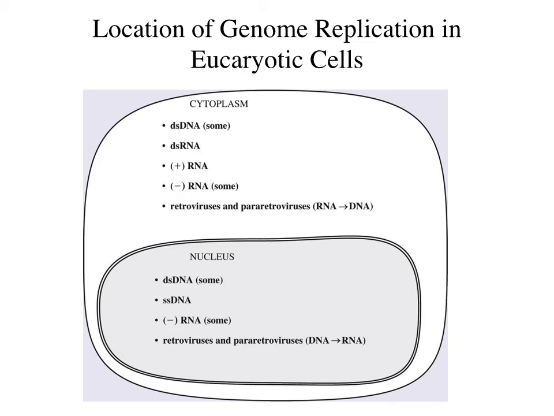The genomes of most RNA viruses are replicated in the cytoplasm, but there are exceptions amongst the minus-strand RNA viruses. The retroviruses and pararetroviruses are special cases. Each replicates RNA to DNA in the cytoplasm and DNA to RNA in the nucleus. So again, there's a lot of variability, and we'll talk about the specific cases in detail as we go through the various virus families later in the course.